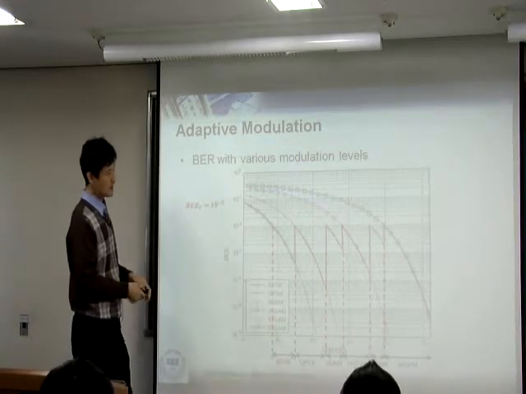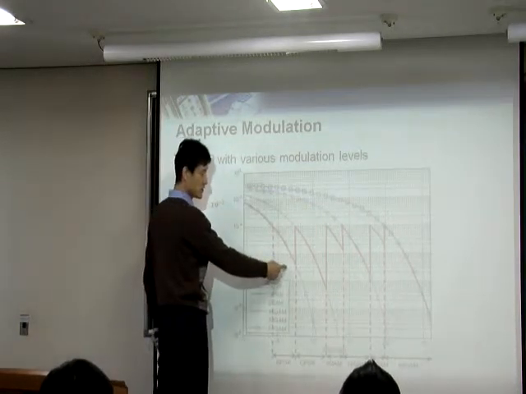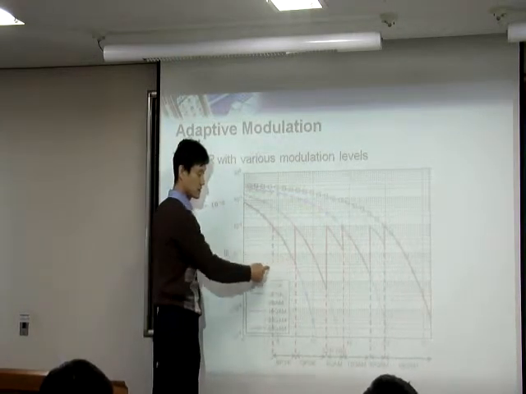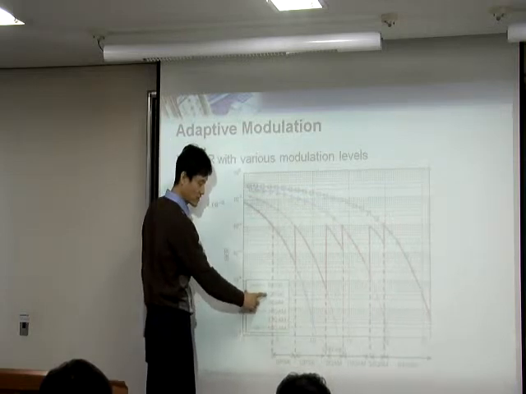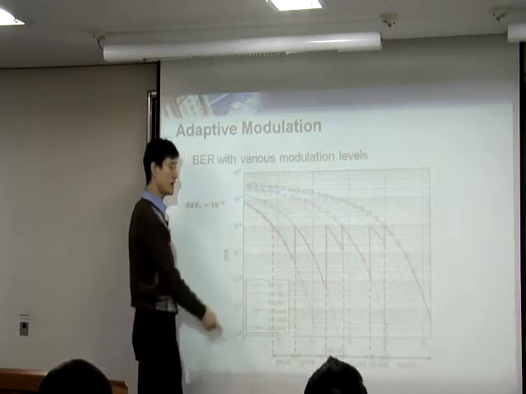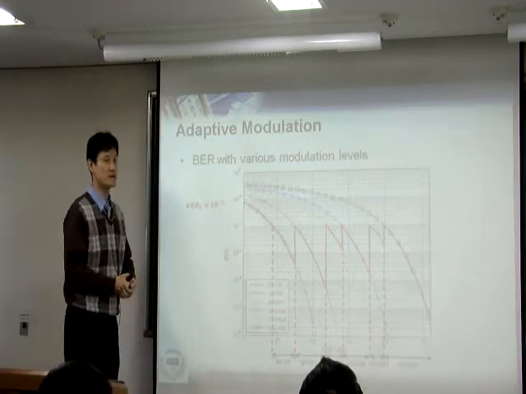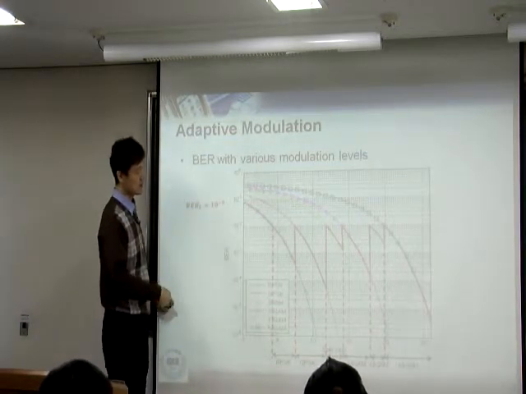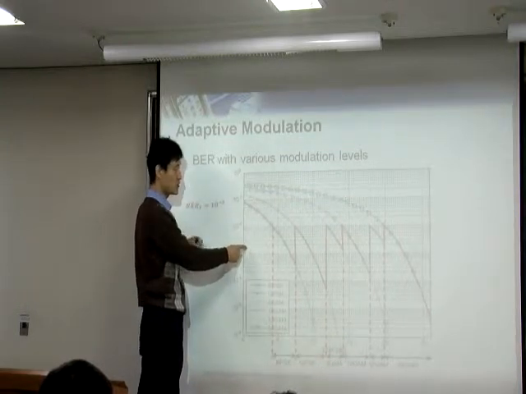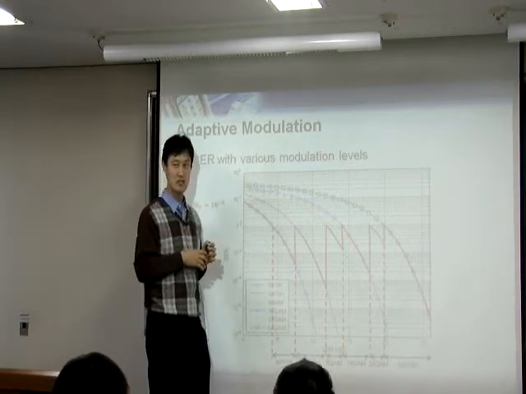What can happen is your channel condition is very bad. You're in deep fading. Your channel condition is somewhere here, like maybe 1 dB or something. In that case, you have two choices. The first choice is that since the channel condition is very bad, you try to use the lowest modulation possible.